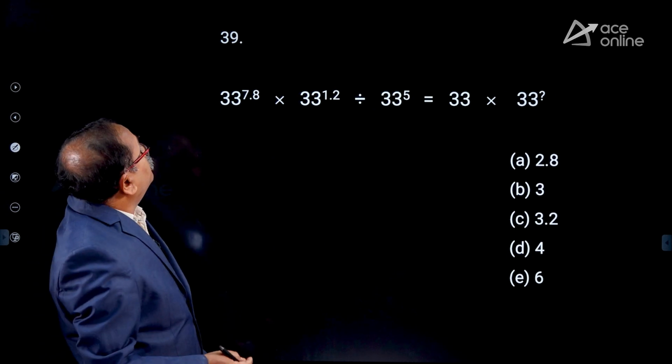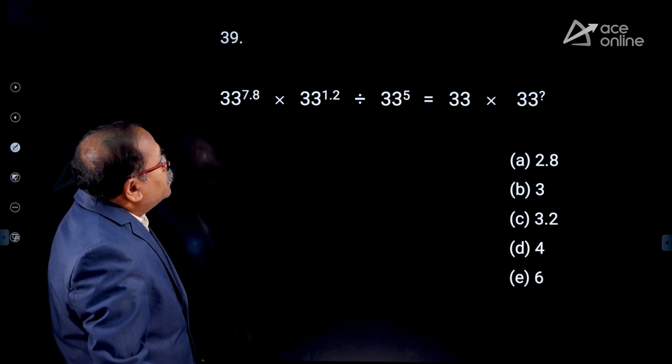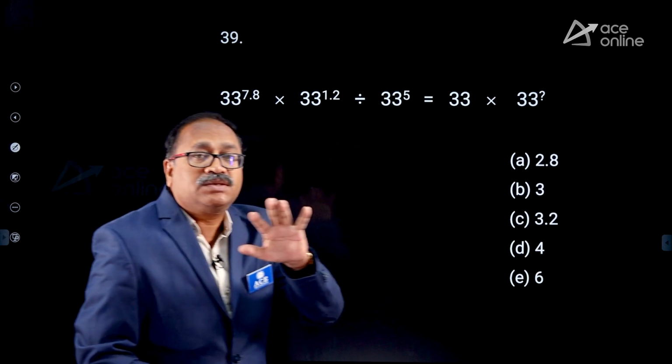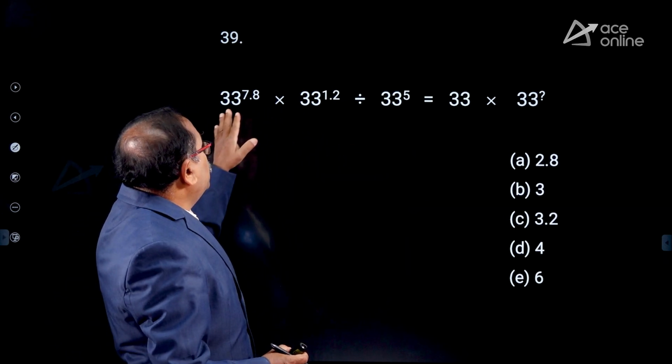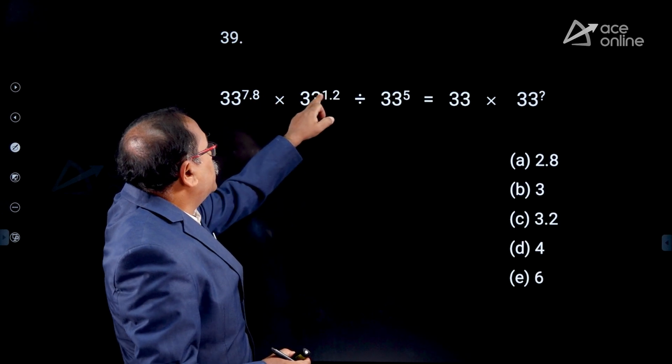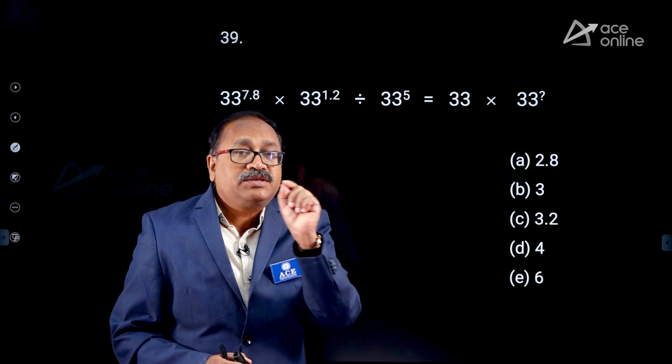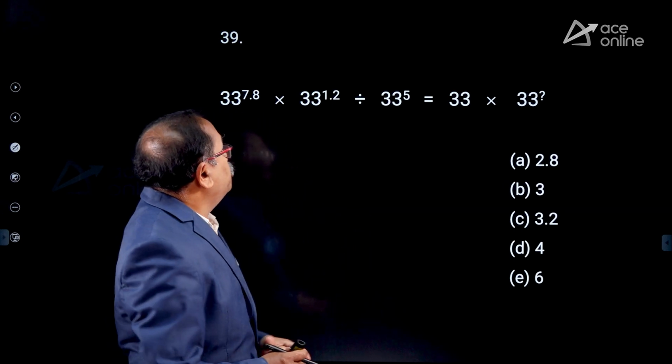Next question. Here 33. What I noticed is here 33, 33, 33, all the bases are 33. And you know that when it's a multiplication, the powers should be added, and when there is a division, the powers should be subtracted. So let's complete that part.